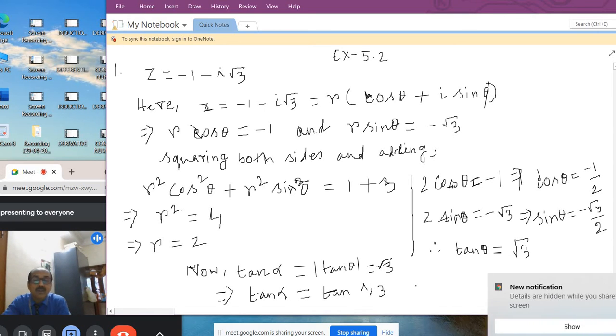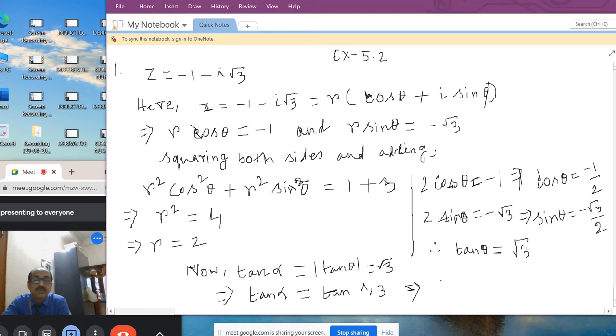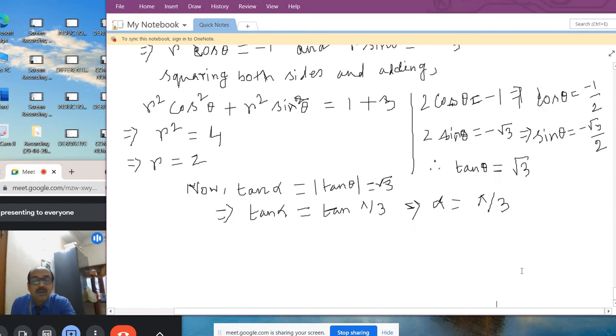So alpha equal to pi by 3. This is alpha, not theta. Our question is to find the amplitude, and amplitude means theta.